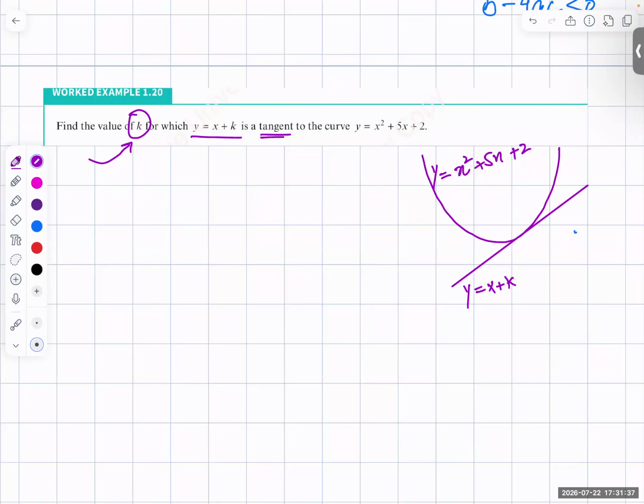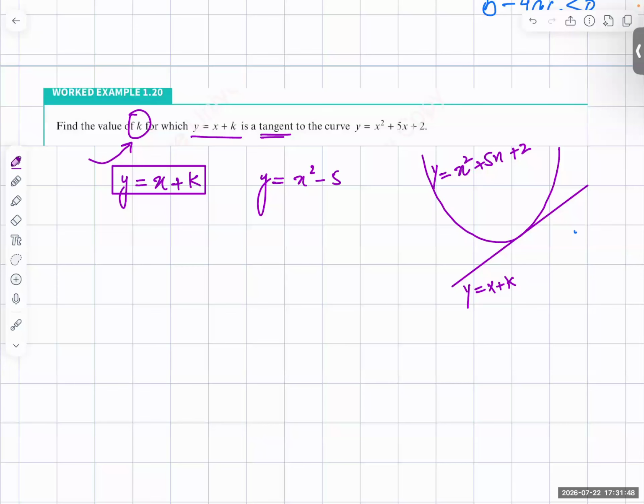Now what we do is we use the substitution method. So you would say y is equal to x plus k, and y equals x square plus 5x plus 2. We have two curves, one quadratic, one linear, right? In order to find the solution or tell that these are tangent to each other, we're going to substitute this y here.